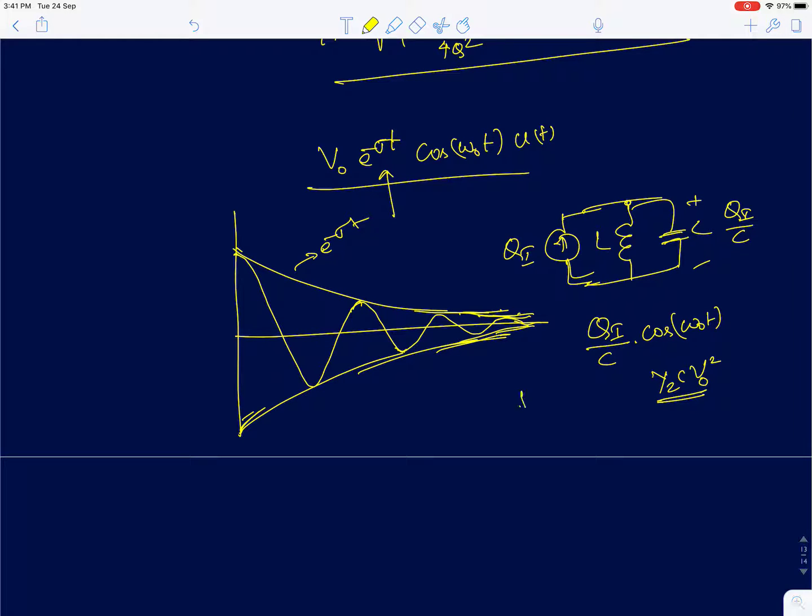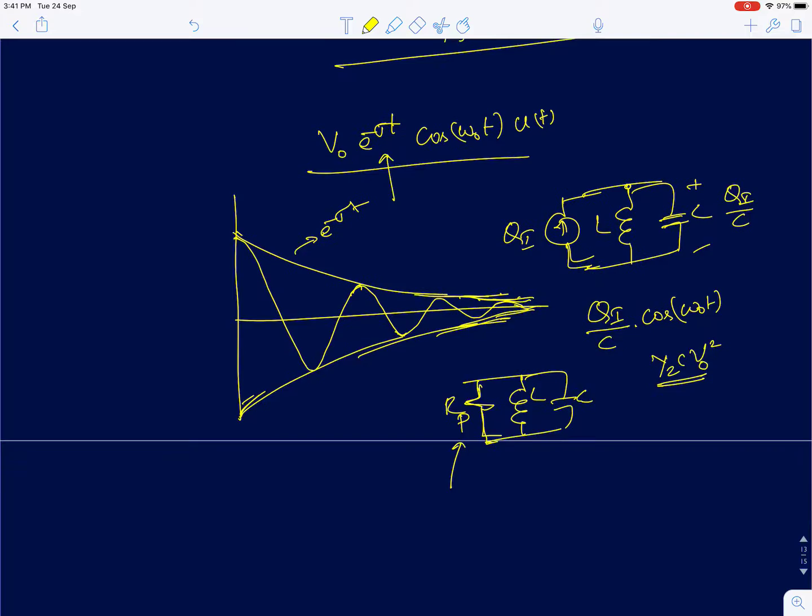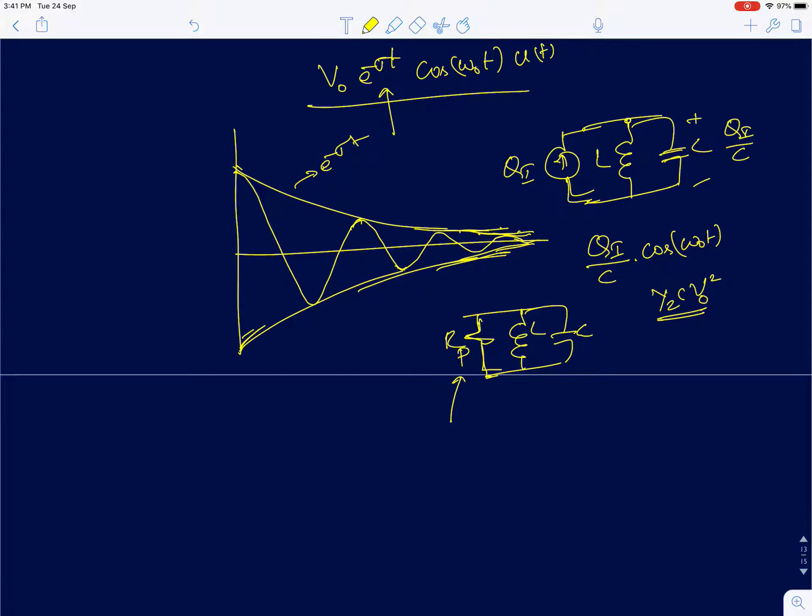In the presence of a resistor, some amount of energy is dissipated as heat in the resistor. So that accounts for the reduction in the amplitude, and eventually all the energy will be dissipated by the resistor itself, and the voltage will come down to 0. So that's about the impulse response.